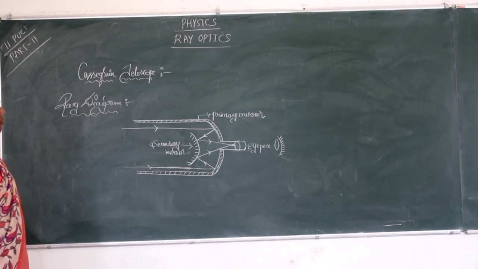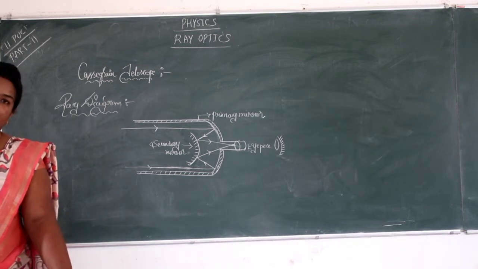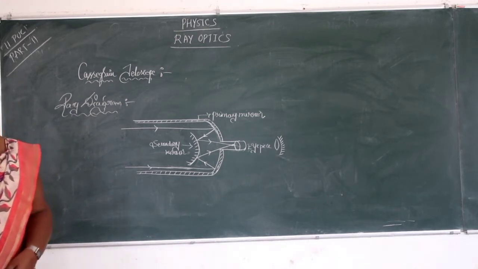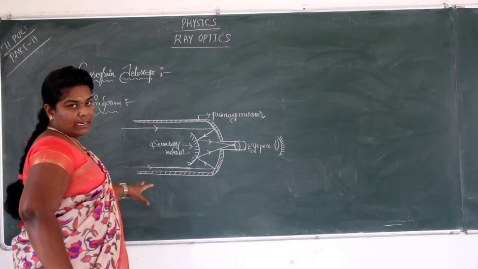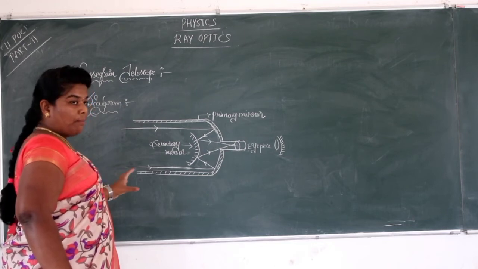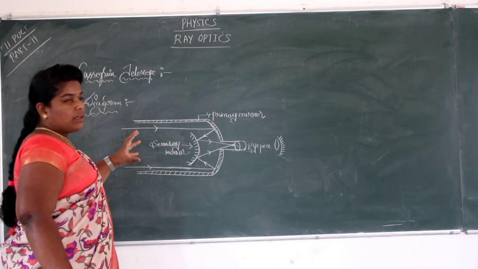After reflection from the convex mirror, they fall on the eyepiece and the image forms. Full stop. Now, what type of image we got, we should know here. Dear students, the image which is formed here is always inverted. I can say easily that the image which is formed is highly magnified, highly enlarged, and inverted.